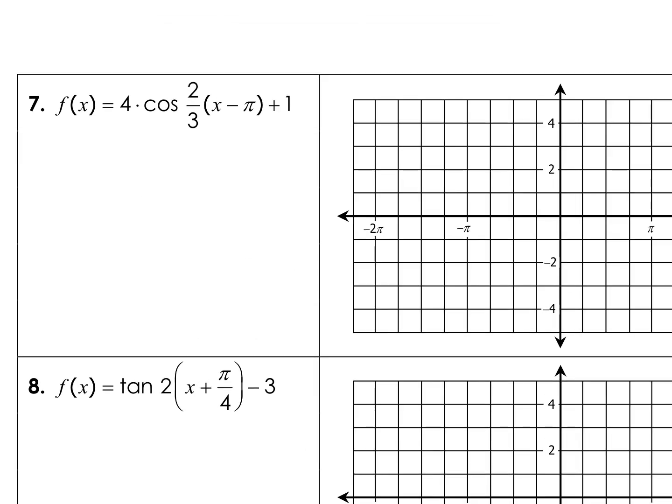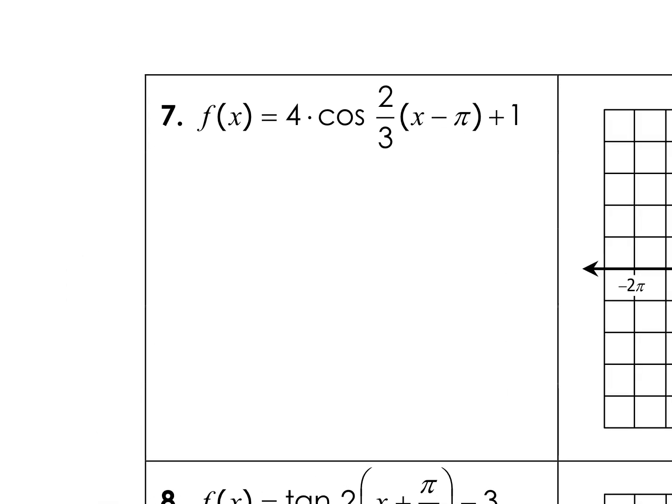Let's do 7. And there's my scratch work. I'm going to talk about what my A is. What's my B? 2/3. Just FYI, guys, the B is factored out. It is very possible to get your trig function with B not factored out.